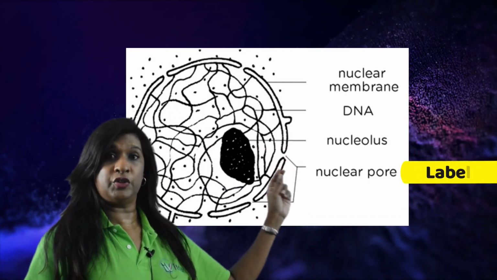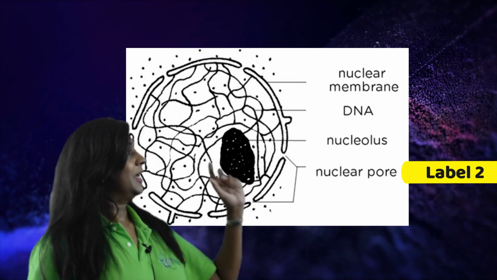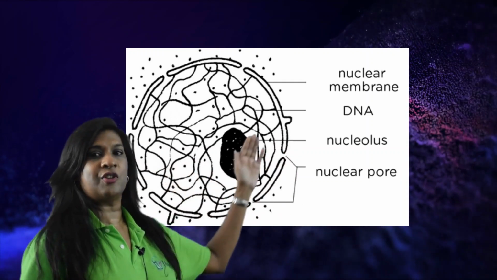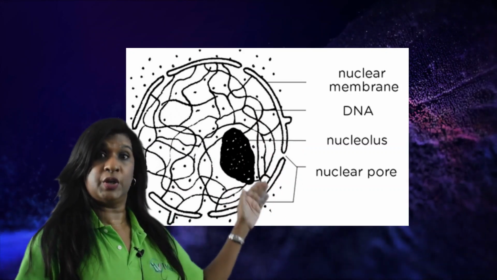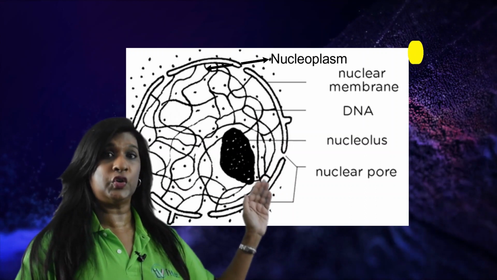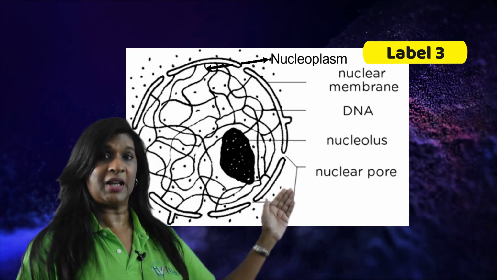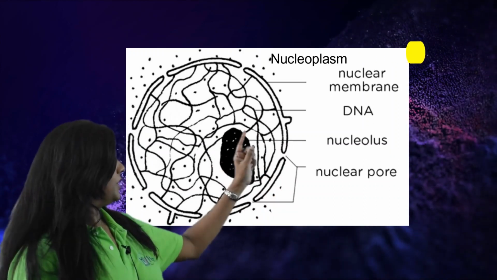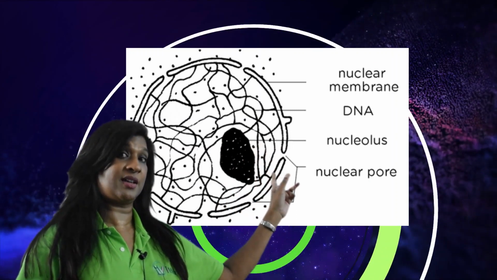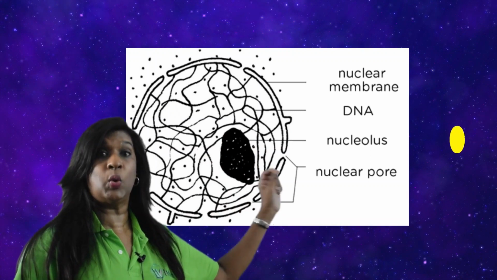Those are the nuclear pores. Label 3 indicates the inside of the nucleus, what is enclosed within that nuclear membrane, and that is the nucleoplasm. Label 4 points at that dark, dense, round body. What is that? That's your nucleolus.